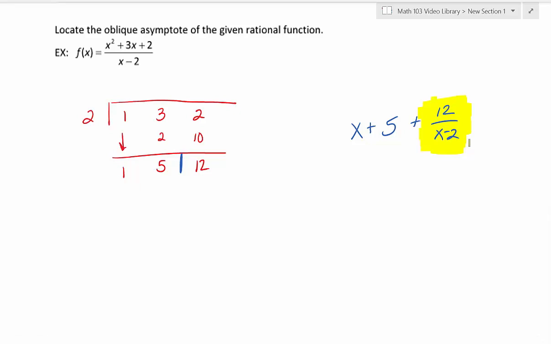And we talked in our horizontal asymptotes video that when you have a small numerator, but your denominator continues to grow, the overall value of the fraction gets smaller and smaller and smaller. This remainder approaches 0. Since it's eventually going to be worth about 0, we just drop the remainder.